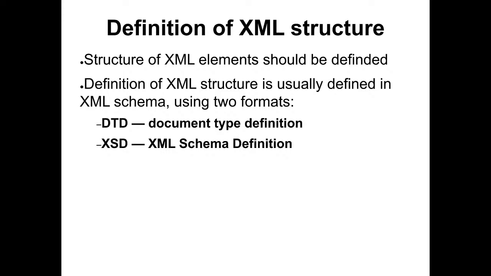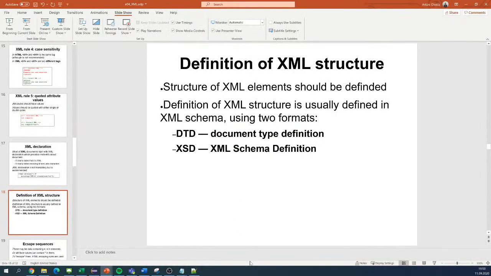Then yeah, the definition of XML structure. Elements should be defined. Definition of XML structure is usually defined in XML schema using two formats: DTD, document type definition, and XSD. And maybe let's show you the example of XSD document.